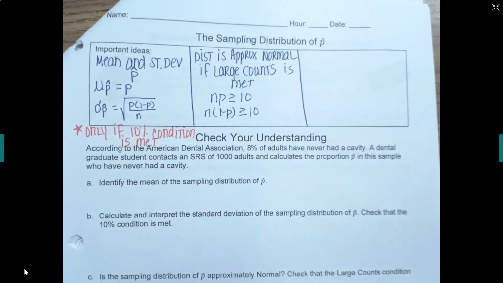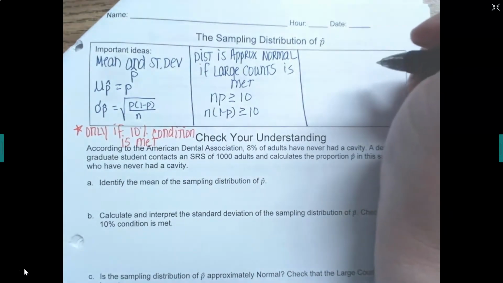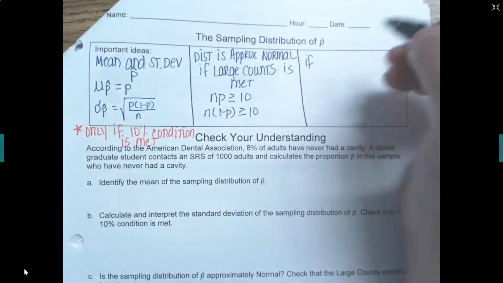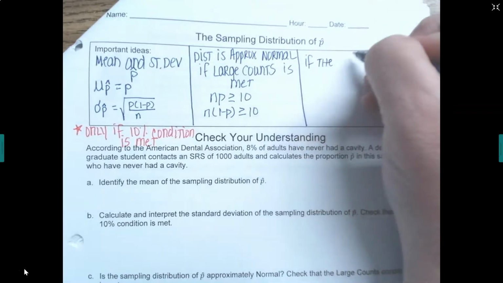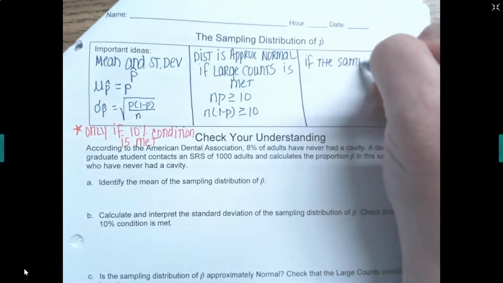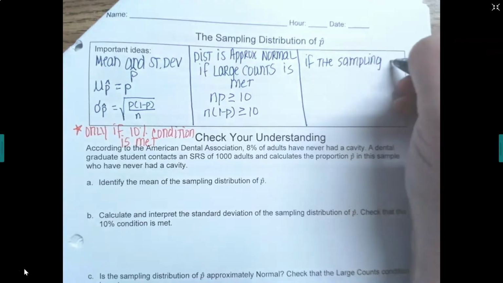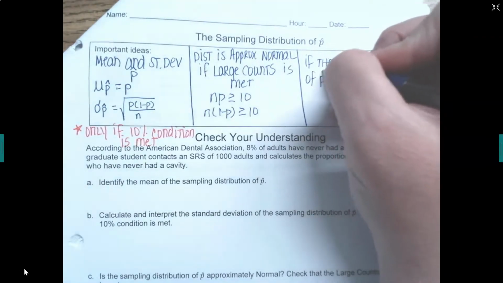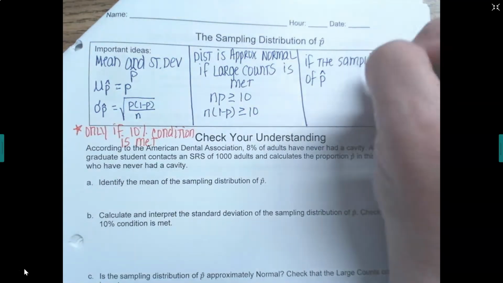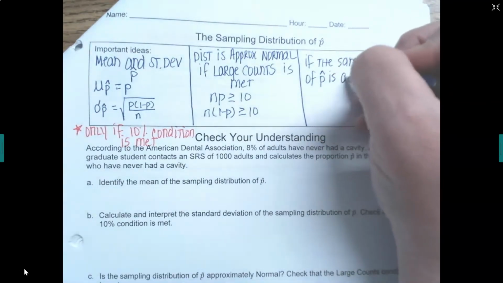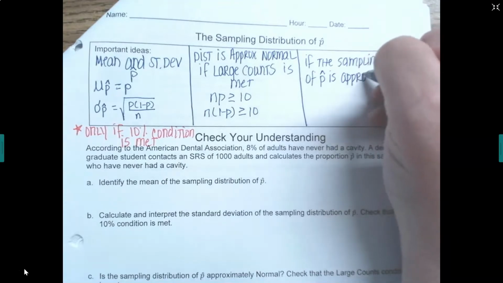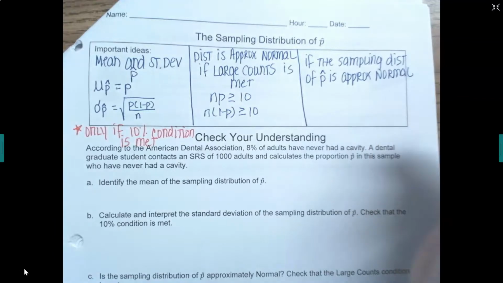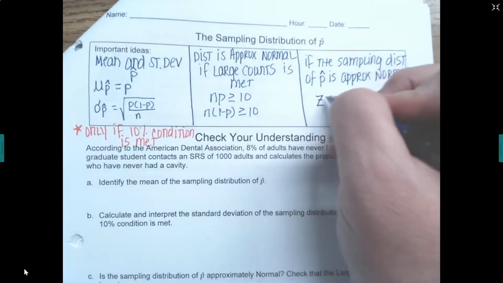Then if we want to start talking about the probability of an event happening, if the sampling distribution of your statistic, which in this case is p hat, is approximately normal, then you can find the probabilities using a z-score.